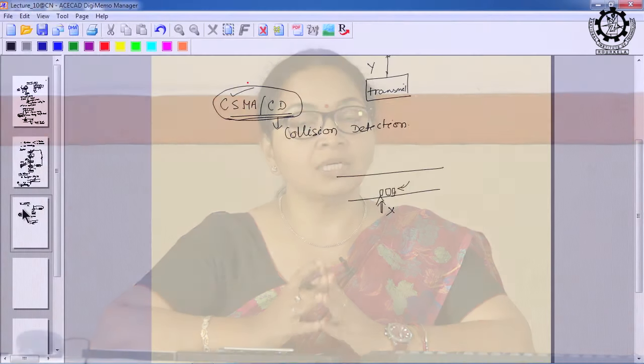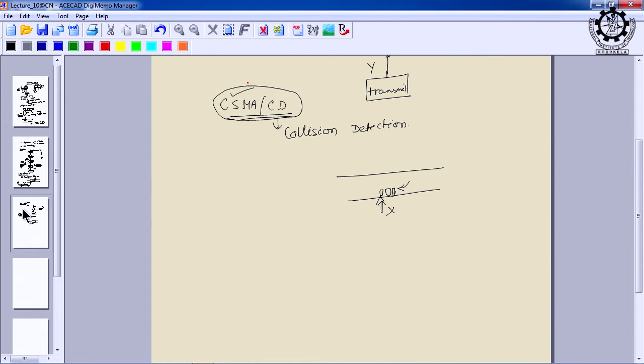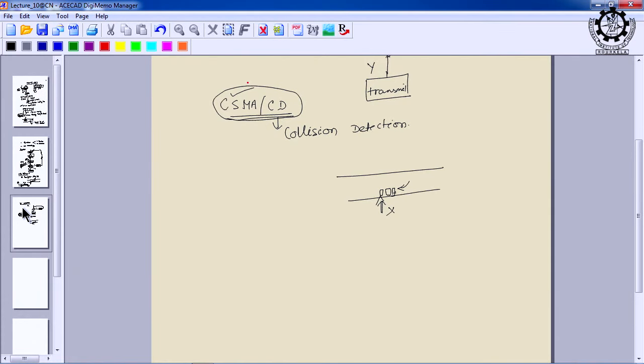So, Aloha, slotted Aloha, CSMA and CSMA CD, all three are contention based protocols, and with this, as a network designer or any protocol designer, you can think of any MAC protocol. If you model that, you will see if you have one successful transmission of a frame, then after this definitely there is a certain period over which the contention takes place.